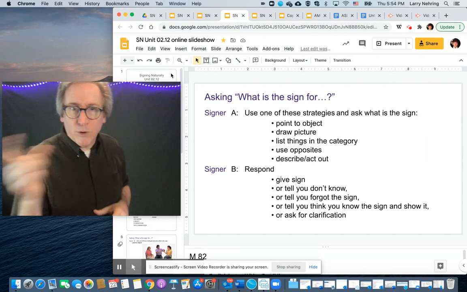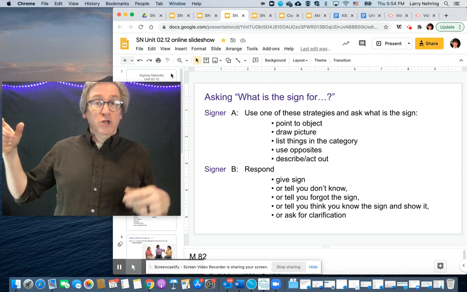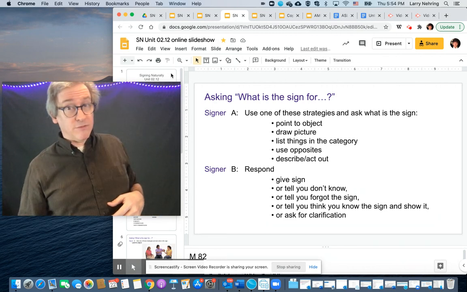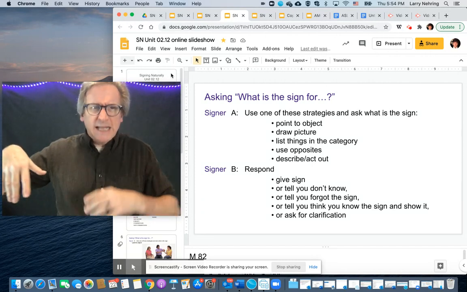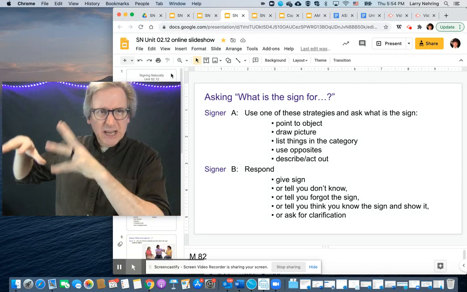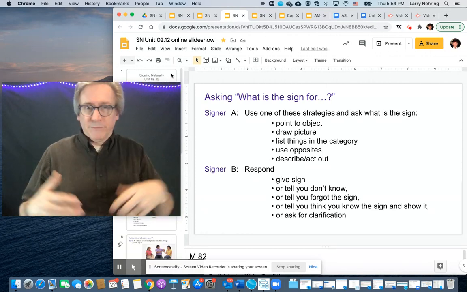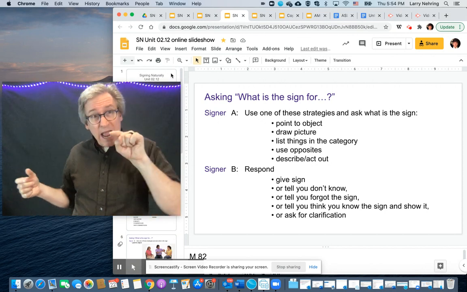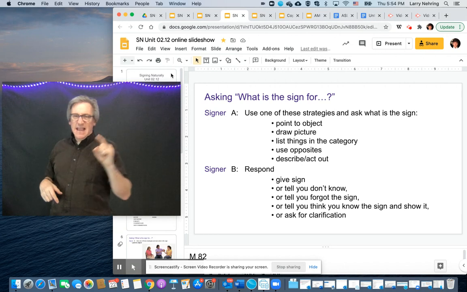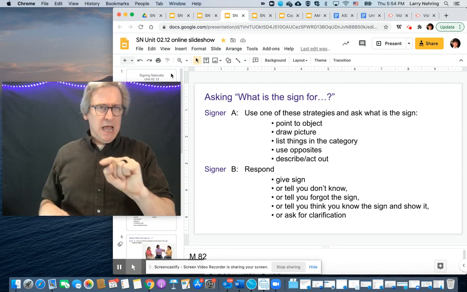So you can point to something, draw a picture of it, list similar things, or do the opposite. What's that thing? It's not frozen, it's hot, but it's like this. Or you can describe and act it out. And that, I will say, in ASL is probably the closest thing to the sign.